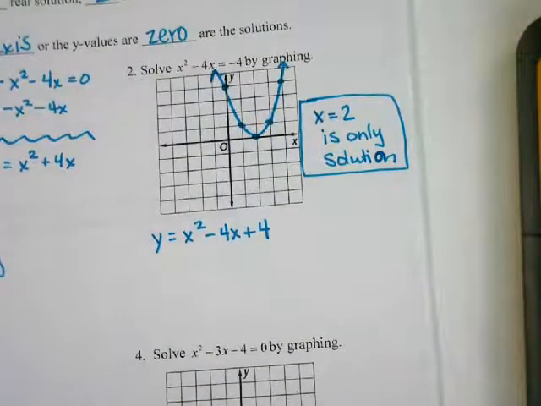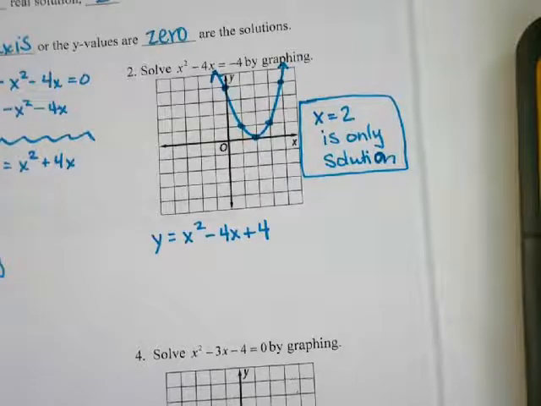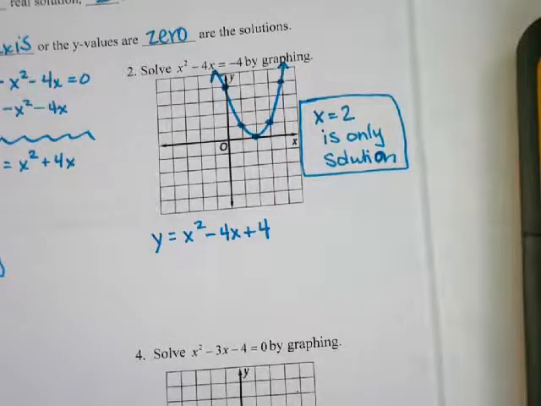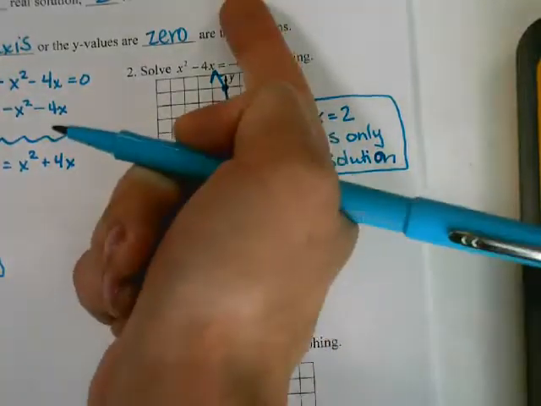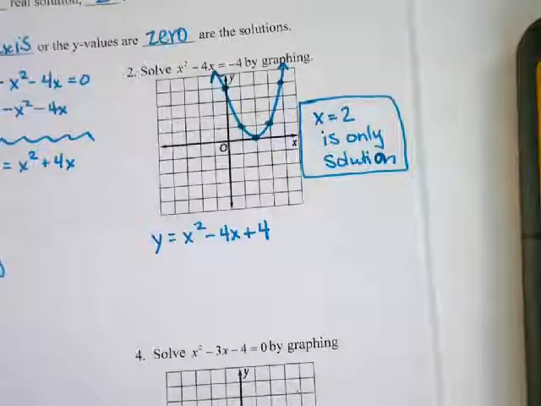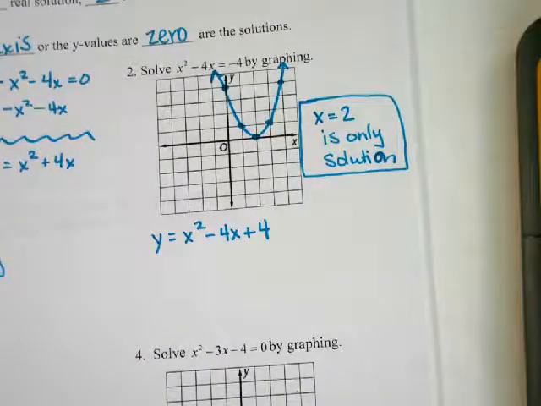Okay, so we had him cross twice. We had the vertex sitting on the x-axis. What do you think's gonna happen when I get no real root? Any ideas what a graph like that might look like? If we're looking for him to cross the x-axis.